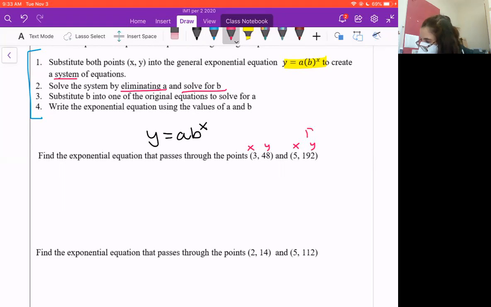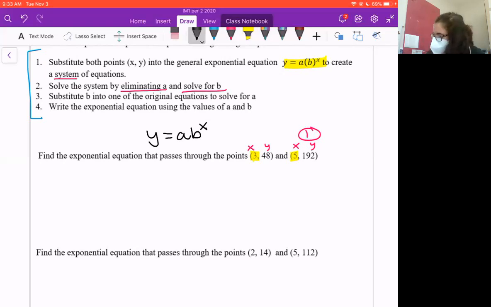In this case, that's going to be point 1 for me, because notice that the x is 5 compared to 3. So this x is 5, that x is 3. I always want to start with the bigger x when I set up equations, and I will show you why you want to do it that way. Just makes it easier. You don't have to, but it does make it a lot easier.